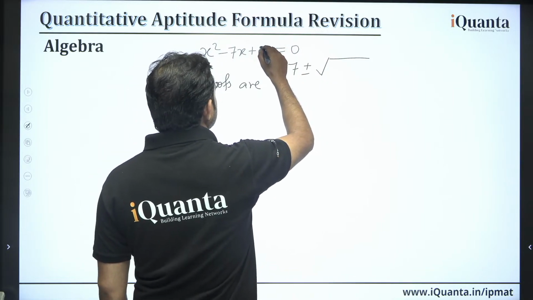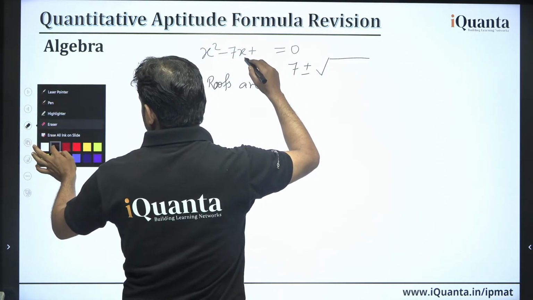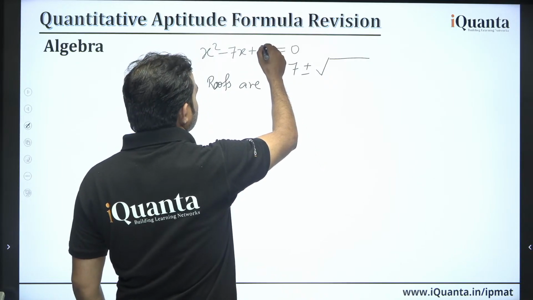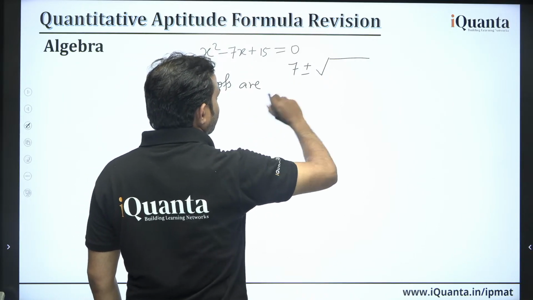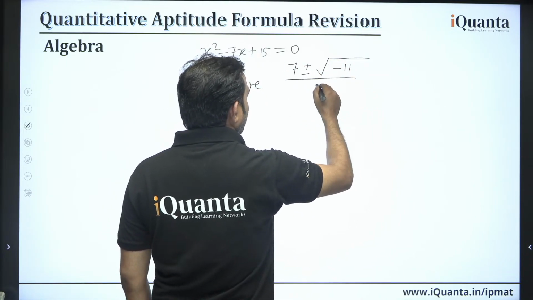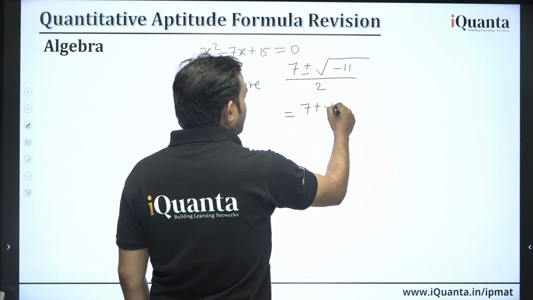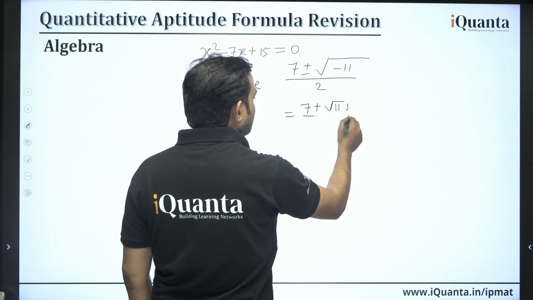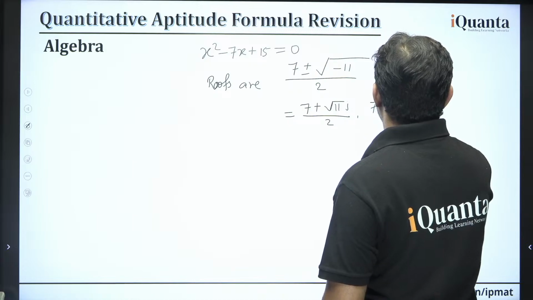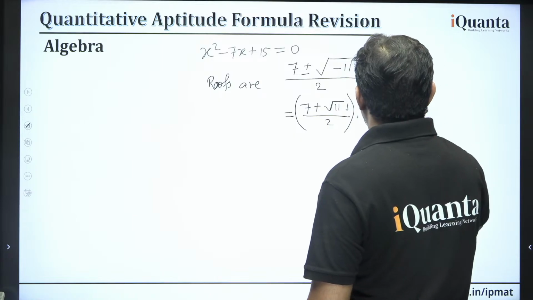Let's say instead of 10, this is some number a little bigger, something like 15. So this will be 49 minus 60, so minus 11, upon 2. So this will be 7 plus root 11i by 2, which is one root, and the other root will be 7 minus root 11i by 2. So you can see these are in conjugate pairs.